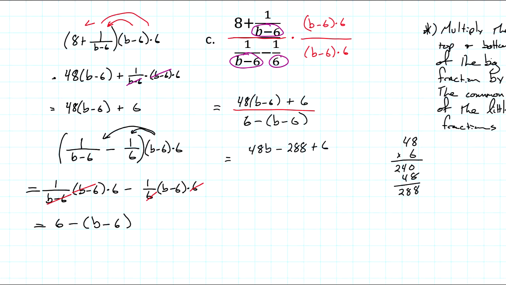We subtract that, plus 6, over 6 minus b plus 6, because that negative has to distribute there. Then on top we'll have 48b minus 282 after adding the 6 to the negative 288. On the bottom we'll have negative b plus 12.